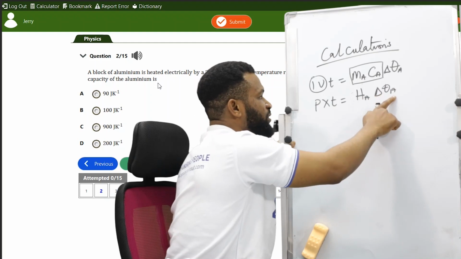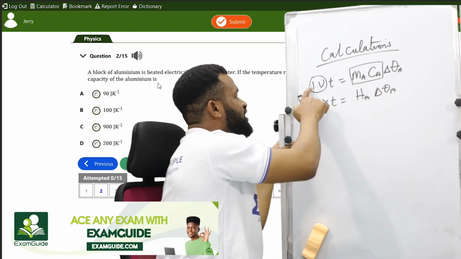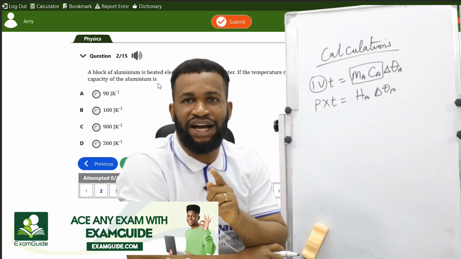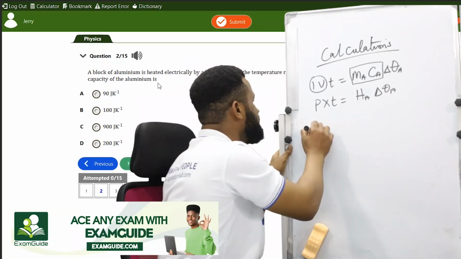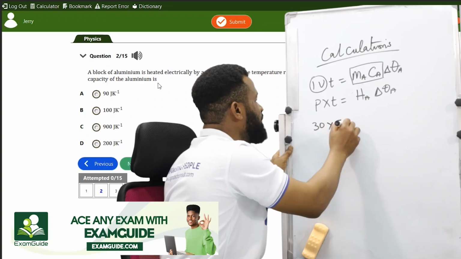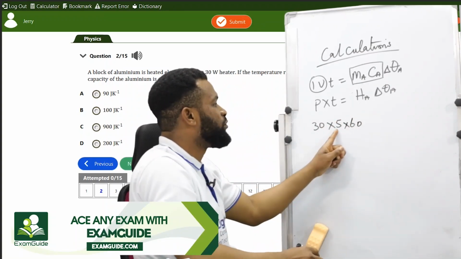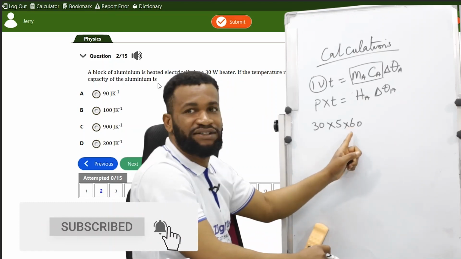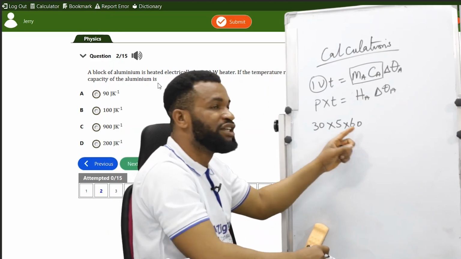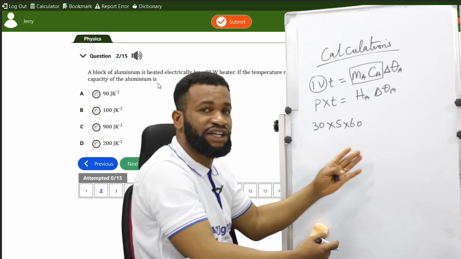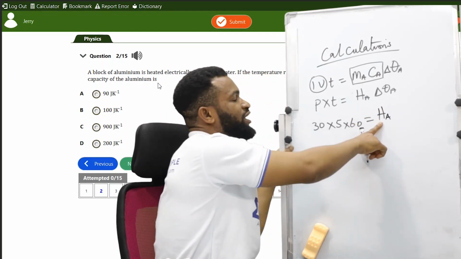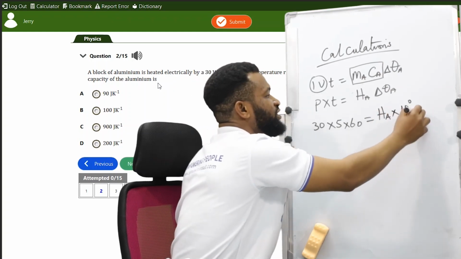This P is IV, which is the power, and the power in this case is given as 30 watts. So I'm going to say 30 times 5 times 60. Remember the time was given in minutes, so I have to convert it to seconds by multiplying by 60. So 5 times 60 gives me 300 seconds, which is equal to the heat capacity of the aluminum times 10 degrees Celsius.